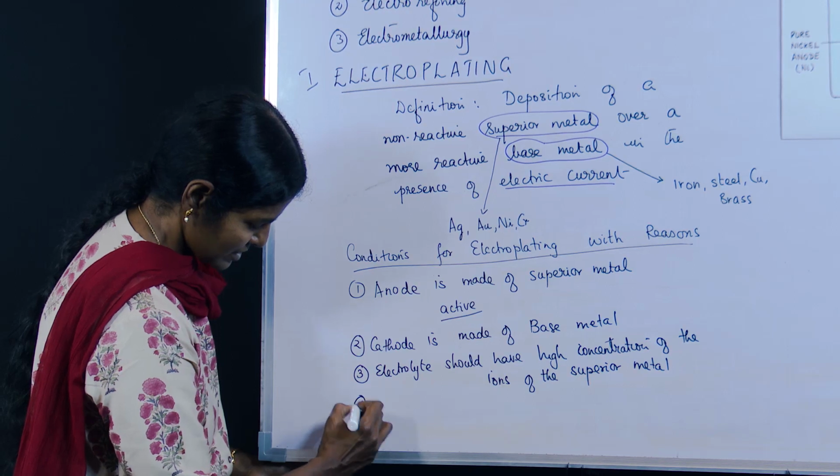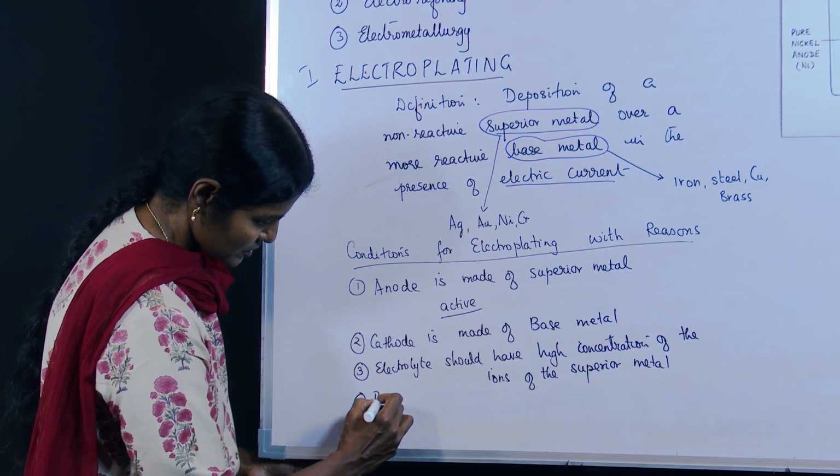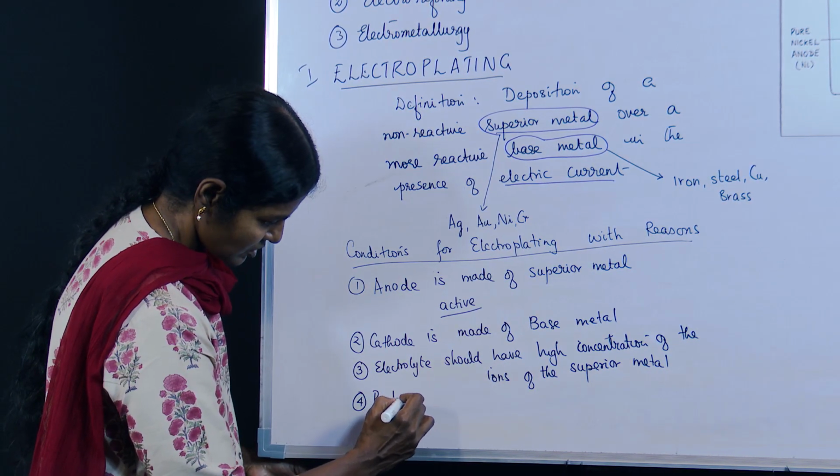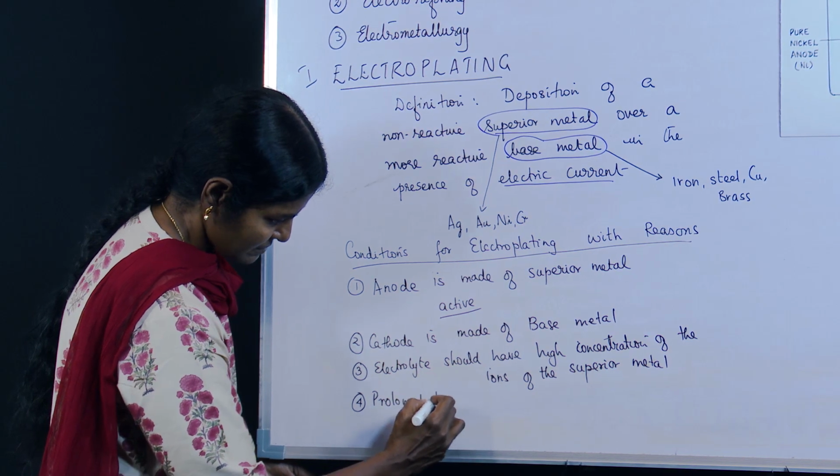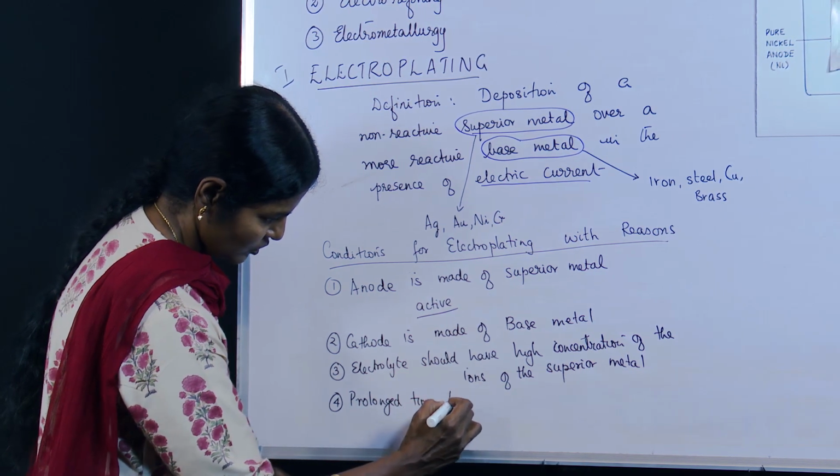Then the fourth one is that it should happen over a prolonged time and at low current.